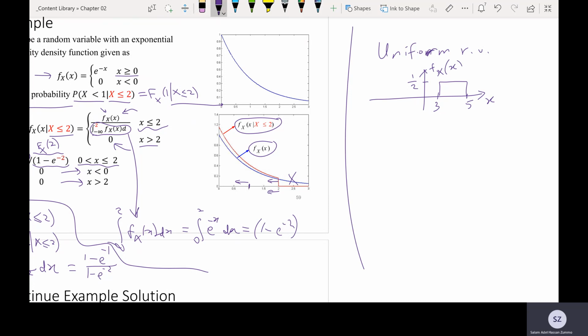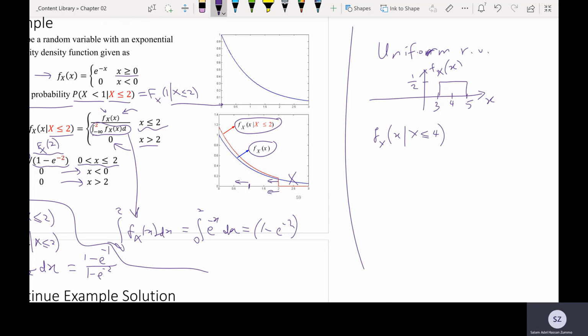Let's ask the question now. Give me the PDF of X given X less than or equal to 4.